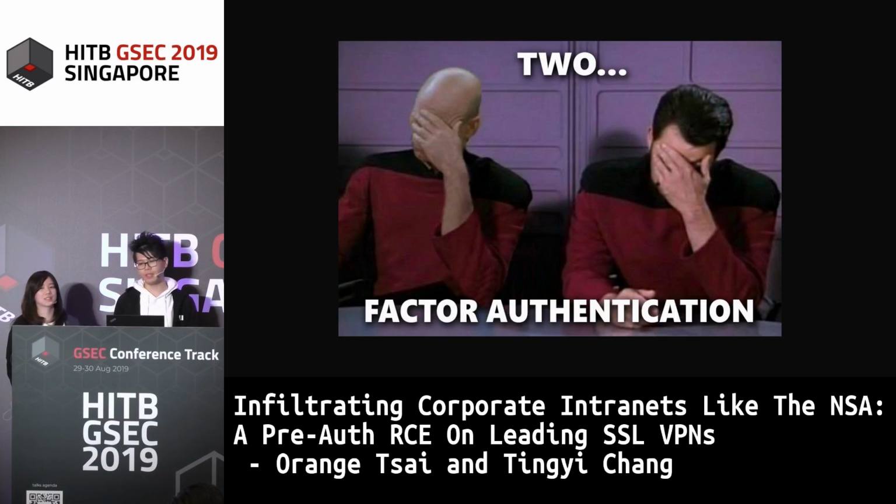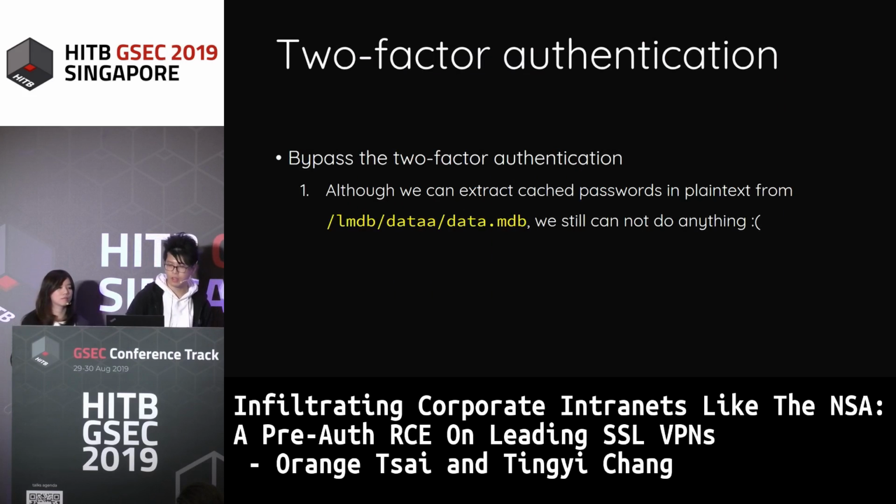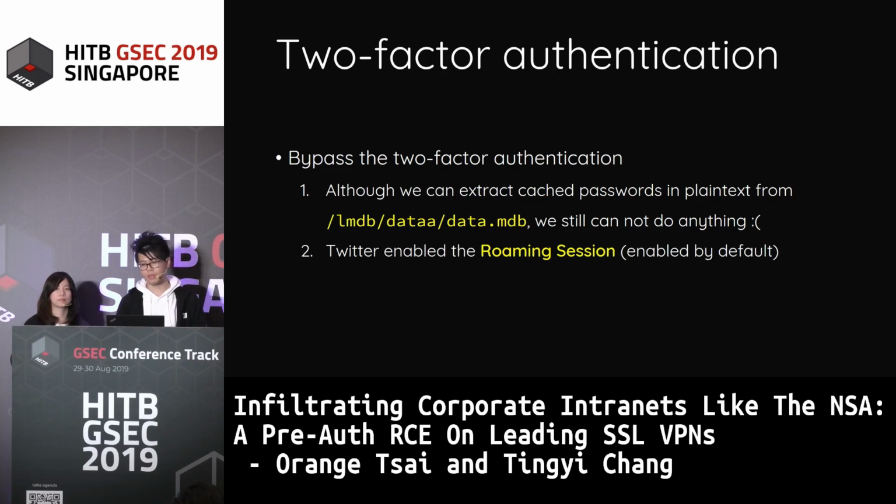Yes, the first problem is the two-factor authentication. Due to the two-factor authentication, although we can get a plain text password, we still can't do anything. So the first thing we need is to find a way to bypass that. We observed Twitter enabled the roaming session.